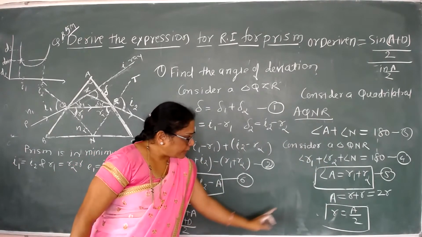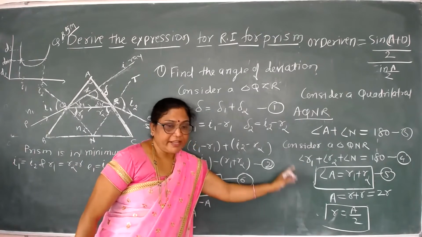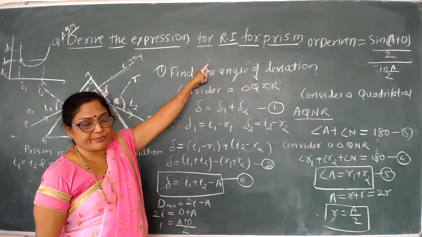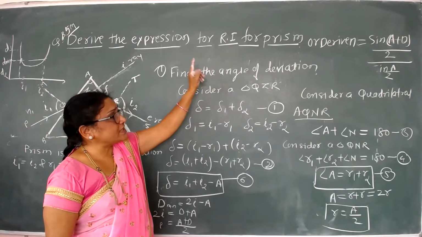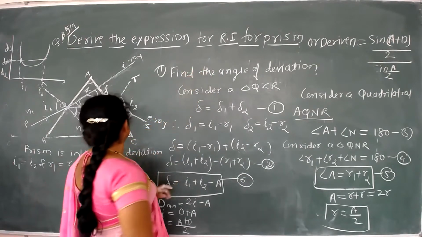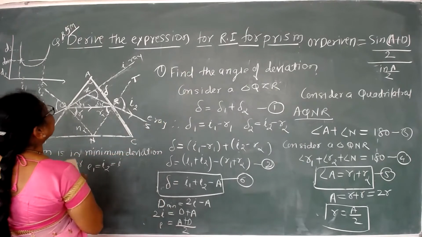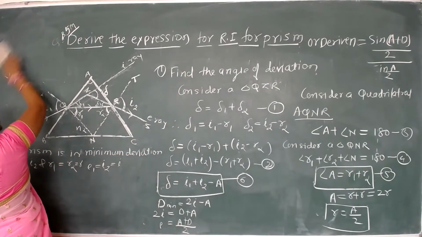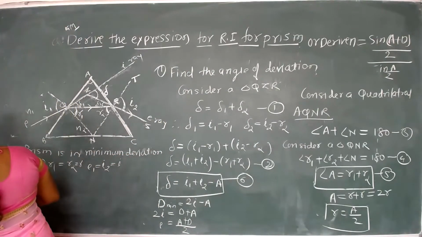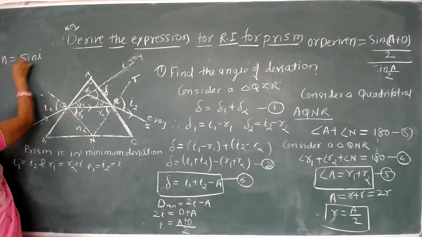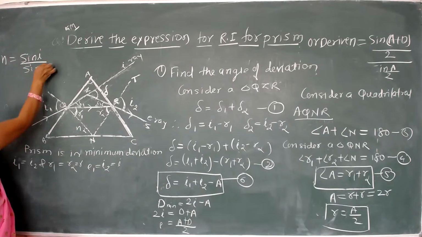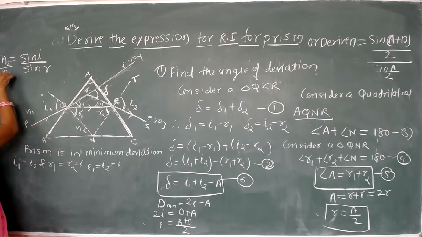Now that we have the values of I and R, our aim is to derive the expression for the refractive index of a prism. According to Snell's law, the refractive index n is equal to sin I divided by sin R, where n is n2 divided by n1.